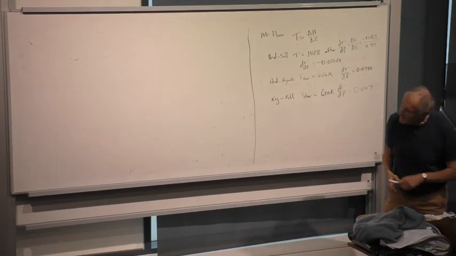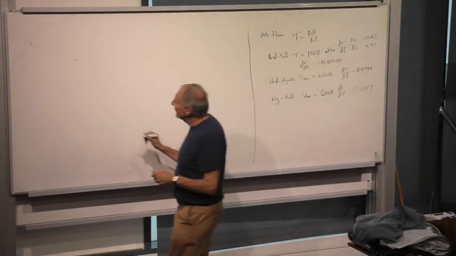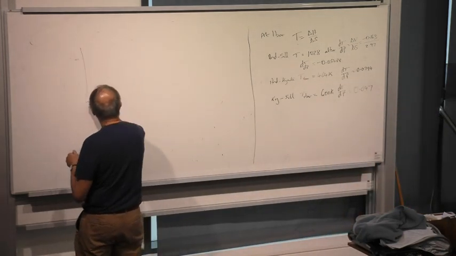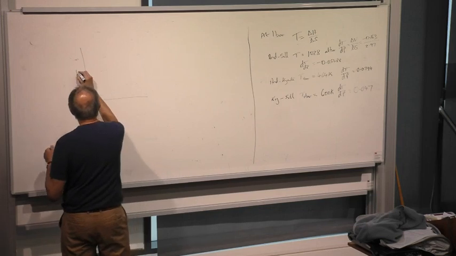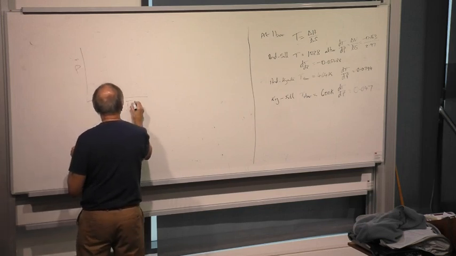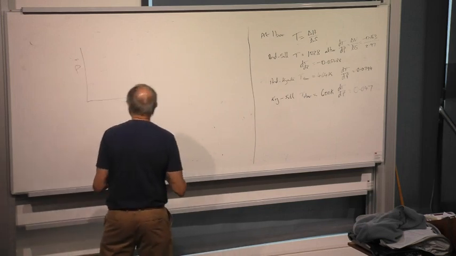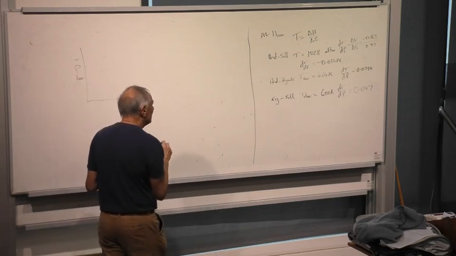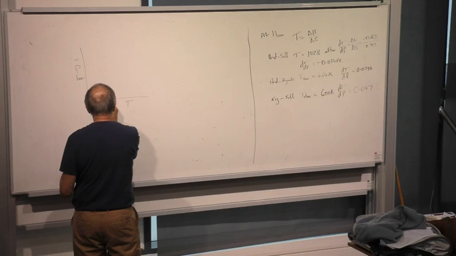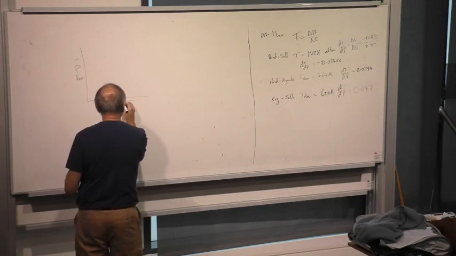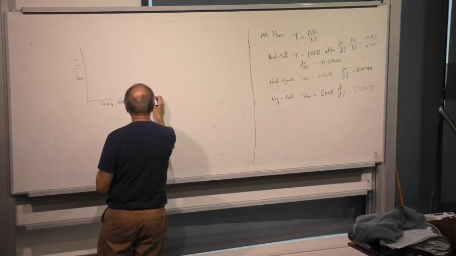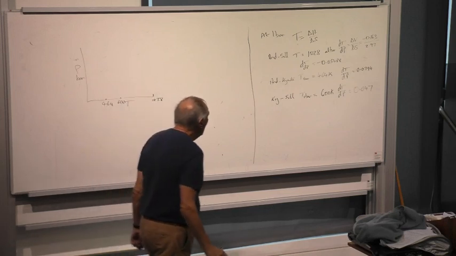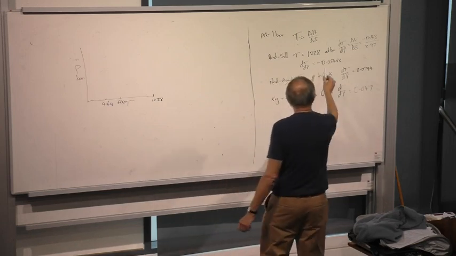So we can start sketching a phase diagram. At 1 bar, we have 3 reactions. One is at 464, second one at 600, and the third one at 1028. And this one has a negative slope.